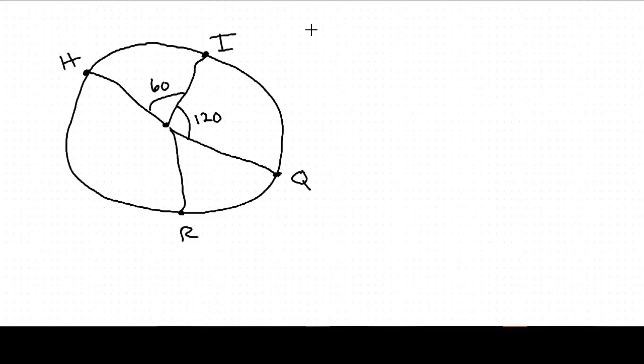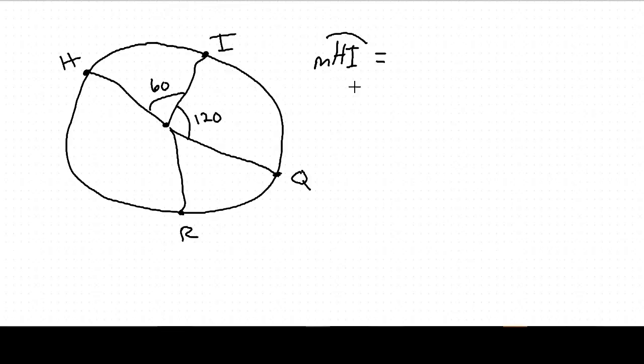Okay, so tell me this. What does that symbolism mean? Minor arc. That means the measure of the arc, which means the degrees.